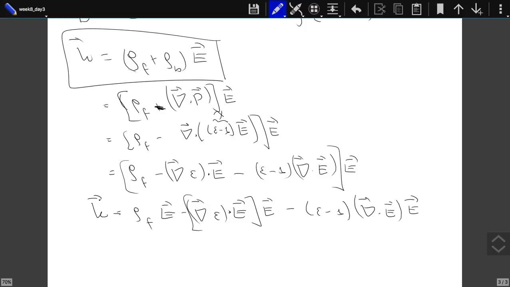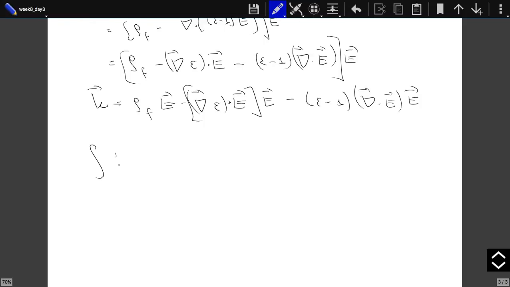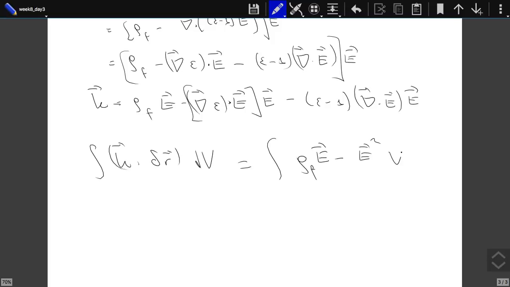Probably. My suspicion is that, you see, eventually we are taking integrals. So the book basically has an integral. It says that the integral of k dot delta r over the volume is equal to the integral of rho free E minus E squared times the gradient of epsilon dot delta r dV.